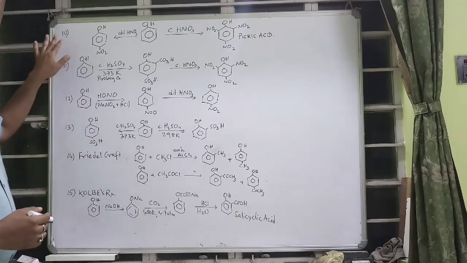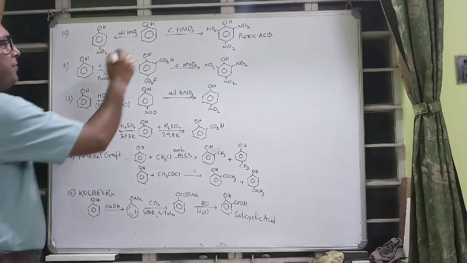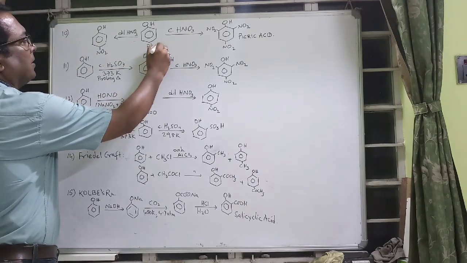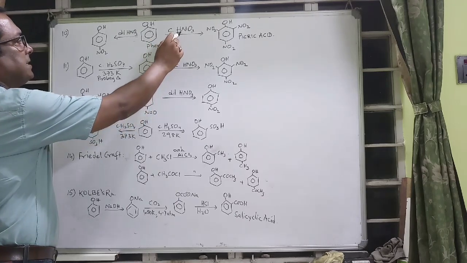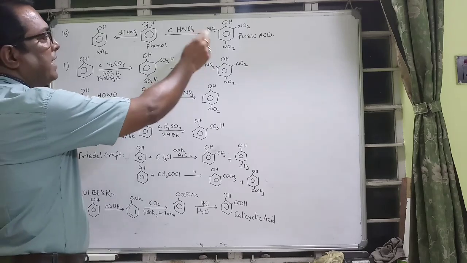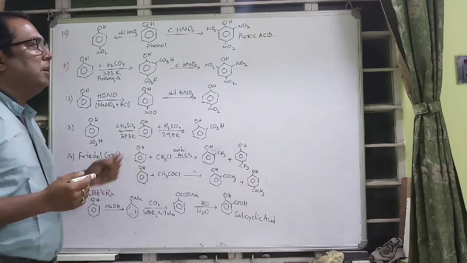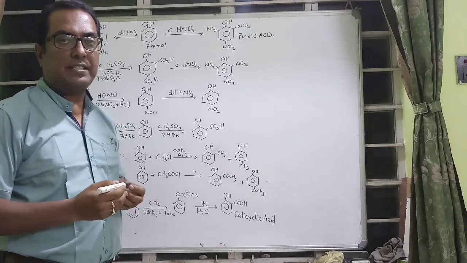So student, on the 10th point, let us see if we take phenol here and put concentrated nitric acid, we are going to get trinitrophenol, what we usually call picric acid.